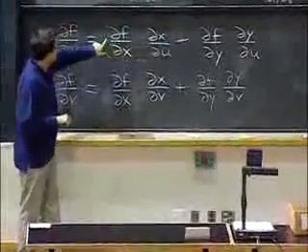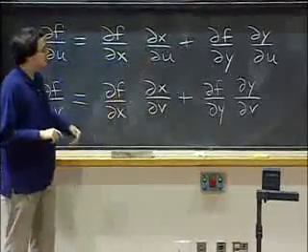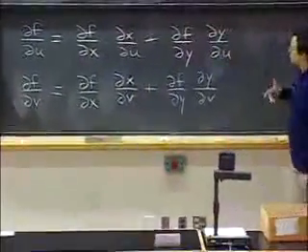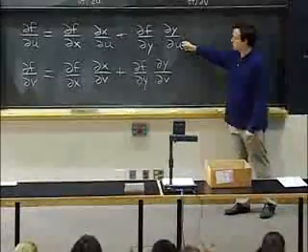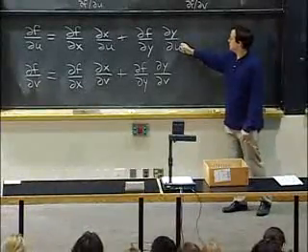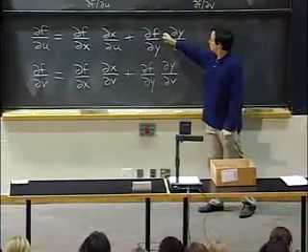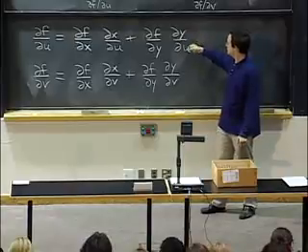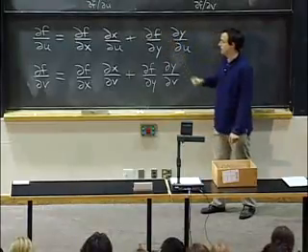Well, the answer is partial f partial x times this guy. At the same time, y is also changing. How fast is y changing if I change u? At the rate of partial y partial u. But now, if I change y, how does f change? The rate of change is partial f partial y. So the product is the effect of how u changes, changing y and therefore changing f.